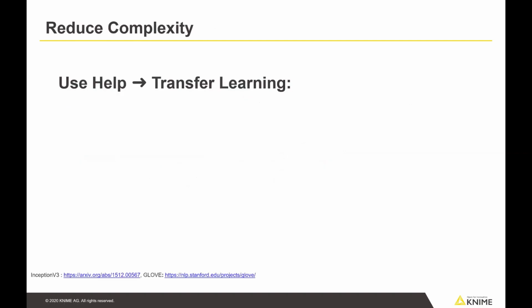For this approach, I want to reduce the complexity of the whole model a little bit. How can we do this? Again, we can use approaches from transfer learning and make use of pre-trained networks, which we already did for the image classification.